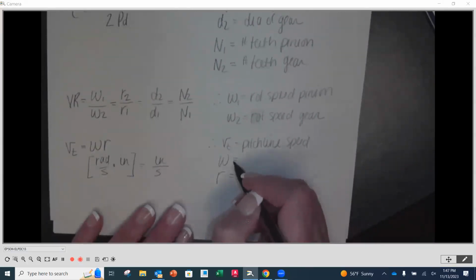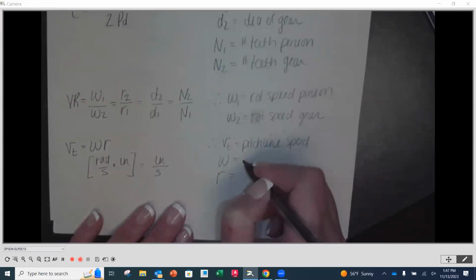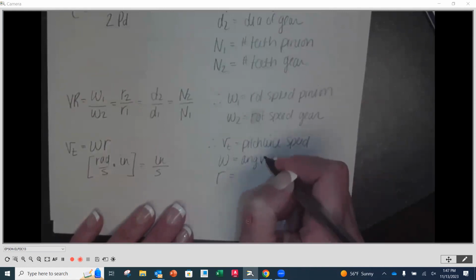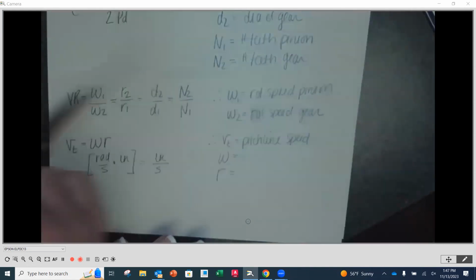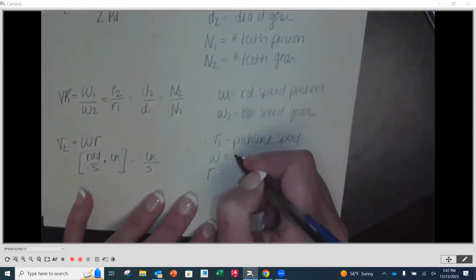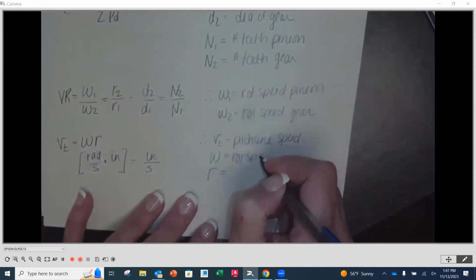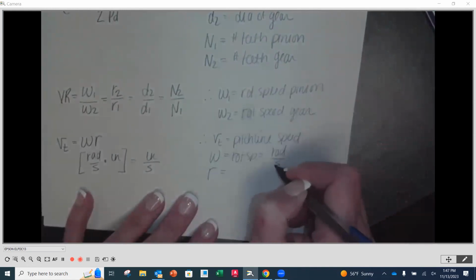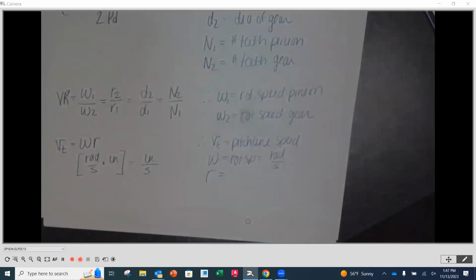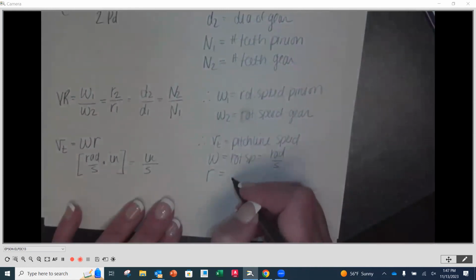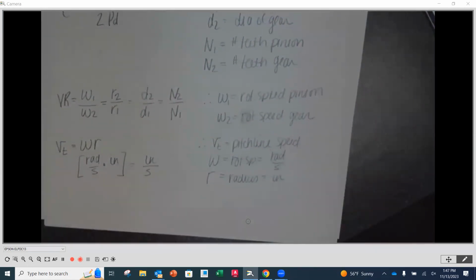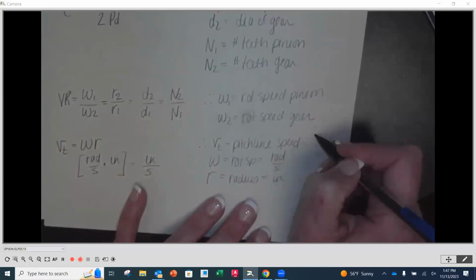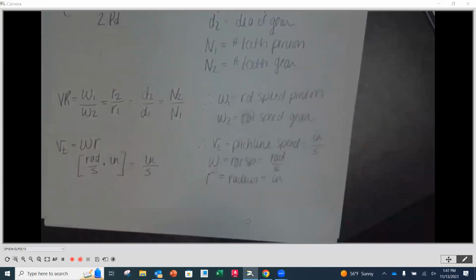So when I'm using this equation, my rotational speed, or angular velocity, has to be in radians per second, and my radius is a distance in inches. Then my pitch line speed is going to be in inches per second.